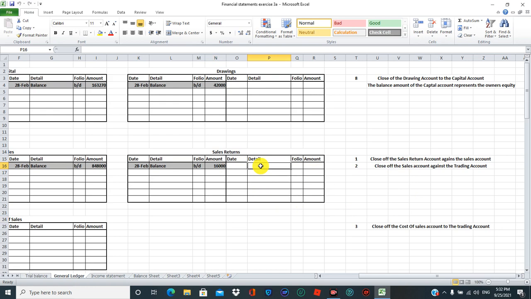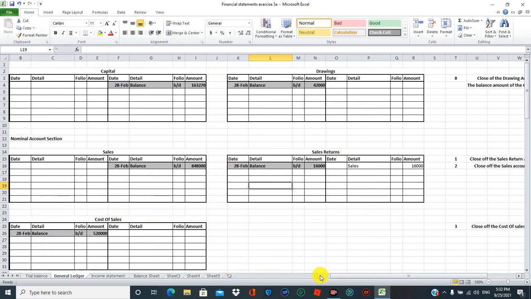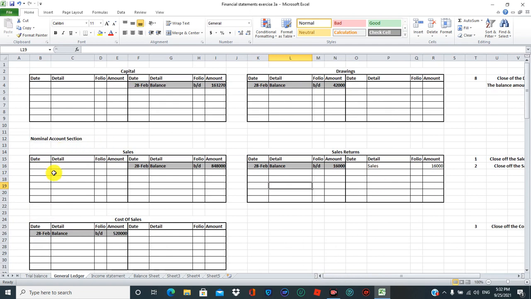you need to credit sales returns and it's going to sales. So the other leg will be sales, the full amount that is in your sales return debit balance on the debit side. So it's 16,000. Now obviously we have to just bring it over to the sales account. So then the other leg is sales returns.